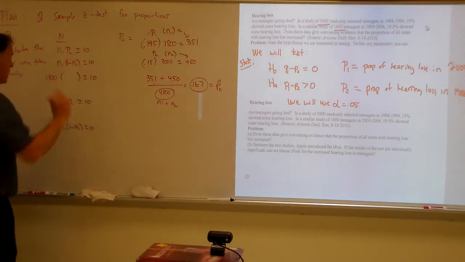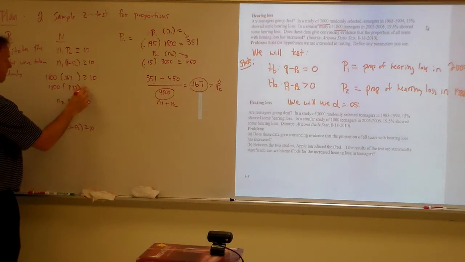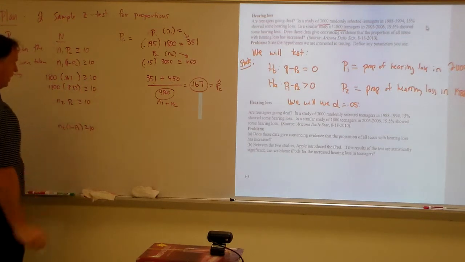So when I go over here, it's going to be 1800 times 0.167, and then 1800 times 0.833. And we want to show those are both greater than or equal to 10.